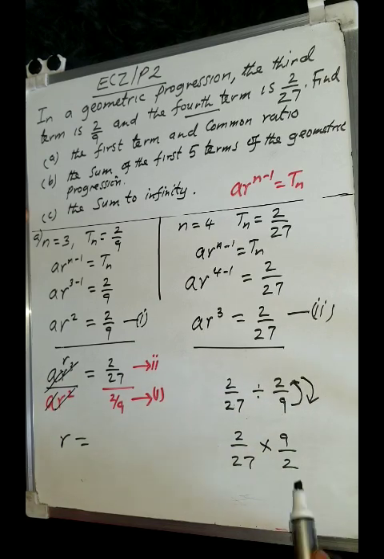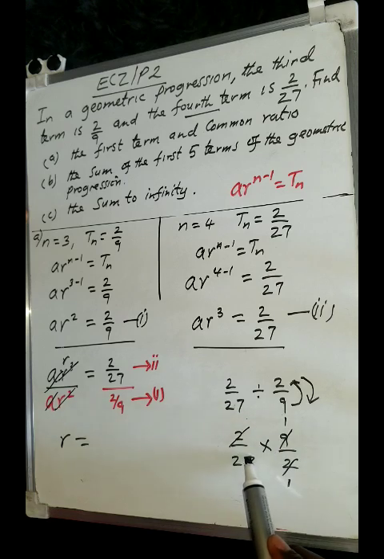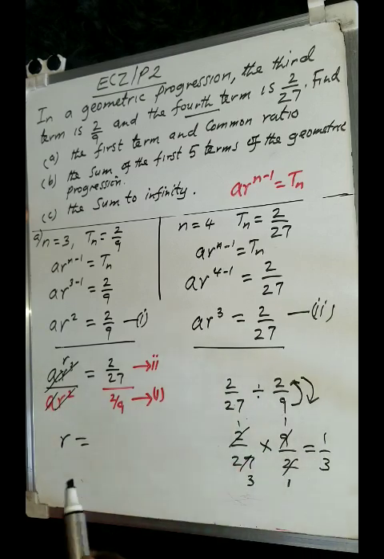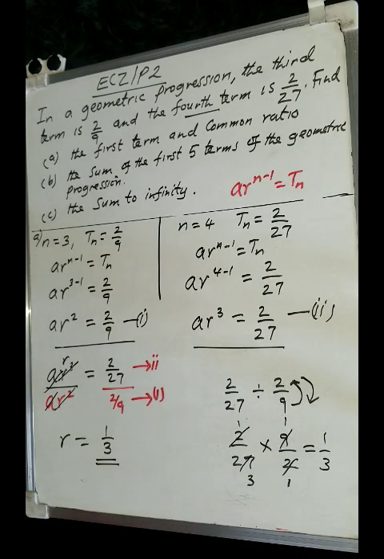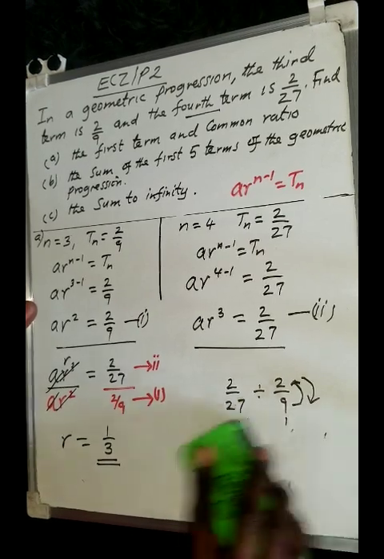So it will be 2/27 times 9/2. 2 there, 1, 2 there, 1, 9 there, 1, 9 there will be 3. So 1 times 1 is 1, 3 times 1 will be 3. Or you can use a calculator directly. So the common ratio is simply 1/3.